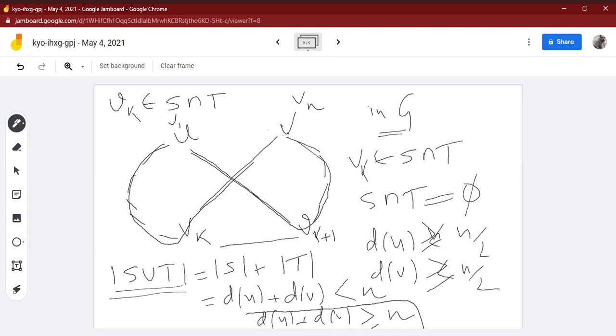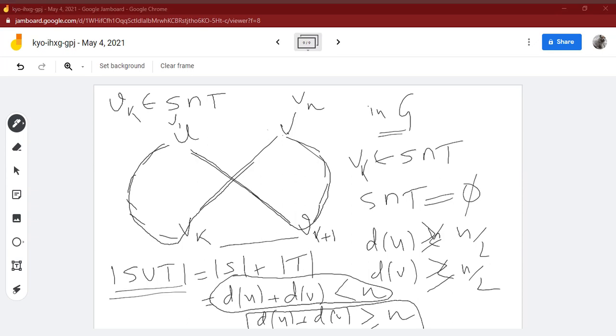But from the assumption that G is not Hamiltonian, we got that the degree of u plus the degree of v is strictly less than n, which is a contradiction. So to prove G is Hamiltonian, we have to do all this. Hence, by contradiction, G is always Hamiltonian.